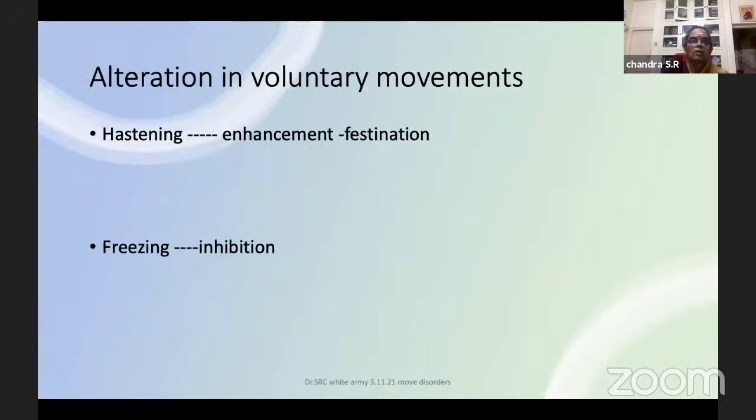So you have increasing the speed and decreasing the speed. Both can happen. Hastening of the speed is called festination. And reducing the speed, apart from the bradykinesia, rigidity and all those things, you have freezing. So the major involuntary activities that happen due to excessive movement are festination, hastening, and inhibition or freezing.